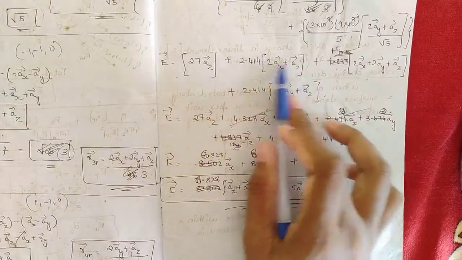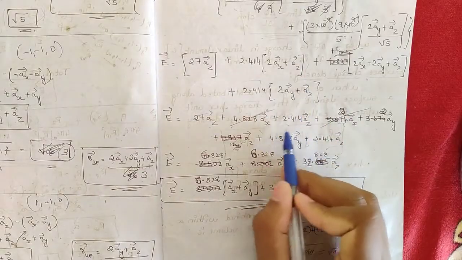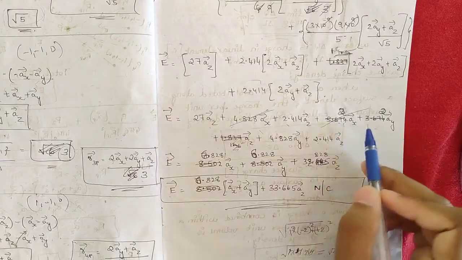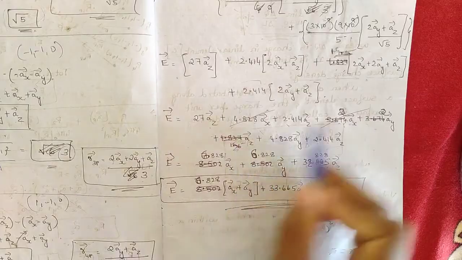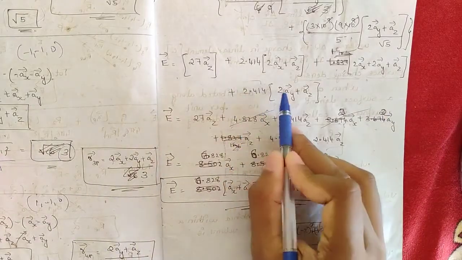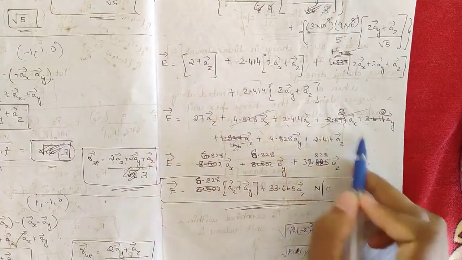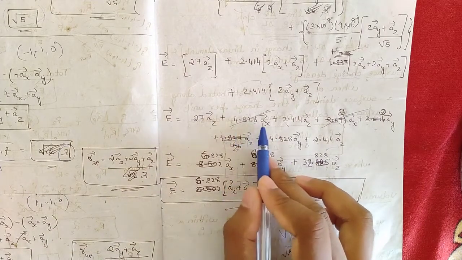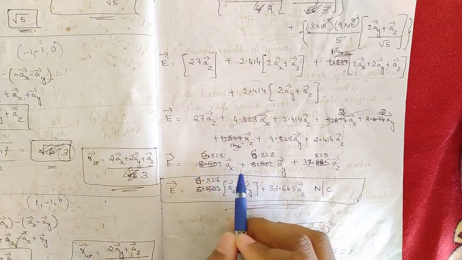27 times 2.414, so we are getting here 4.828 Ax plus 2.414 Az. Then here we have the same term again, so I had made a mistake here, so write this term again as it is, 2Ax plus 2Ay plus Az. Then again 2.414 into 2, that is plus 4.828 Ay plus 2.414 Az. Okay, so now we have 4.828 Ax and here we have 2Ax, so that would be 6.828 Ax.